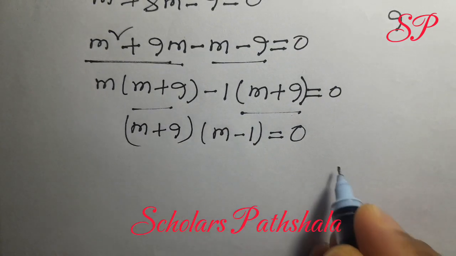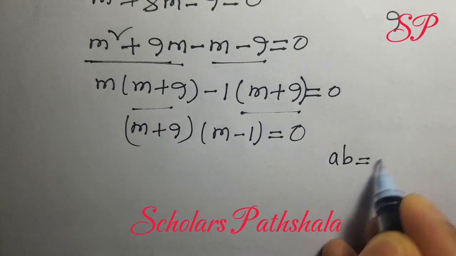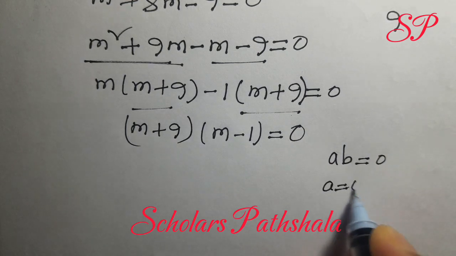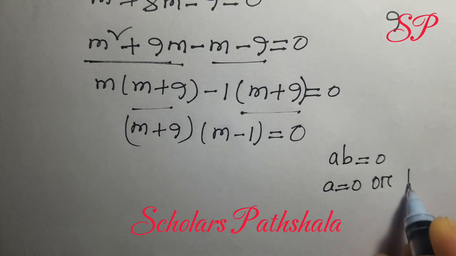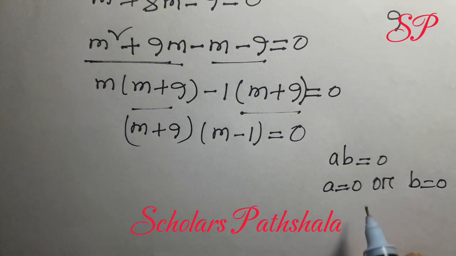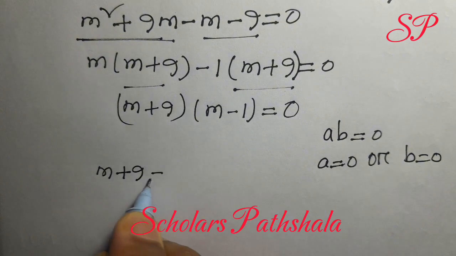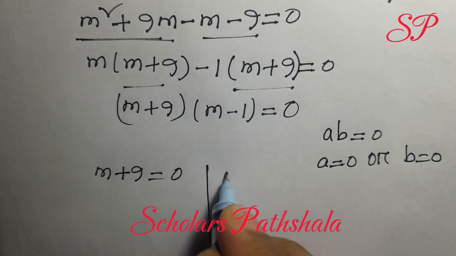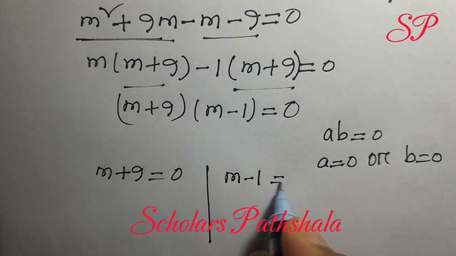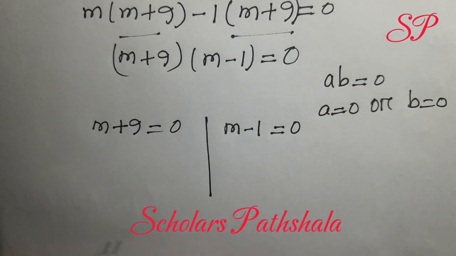Then we know that if ab is equal to 0, then a is equal to 0 or b is equal to 0. So m plus 9 is equal to 0 and m minus 1 is equal to 0.